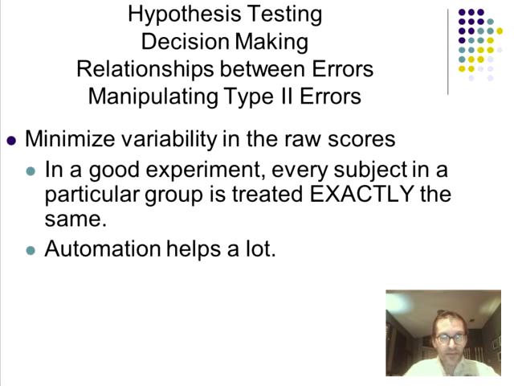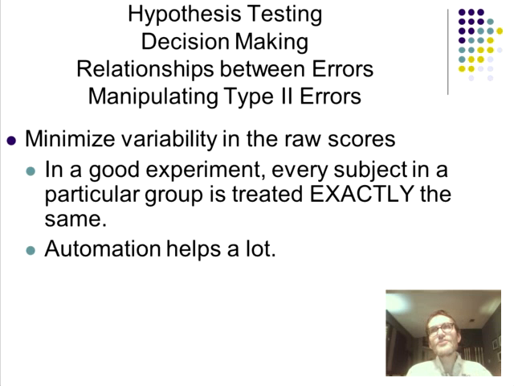And this last one is a little bit strange too. Minimize variability in the raw scores. In other words, we did a sample of 20 people that we brought into our laboratory. We need to treat each and every one exactly the same. Because if I treat them differently, and for one of those 20 people the room is really cold, well, duh, that one person takes longer to fall asleep, right?